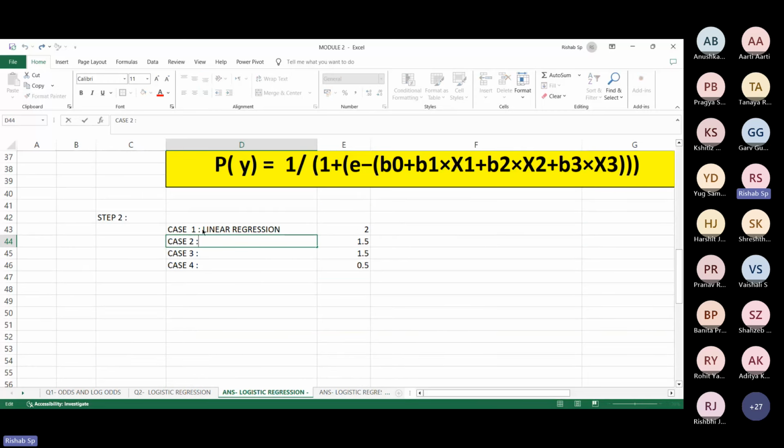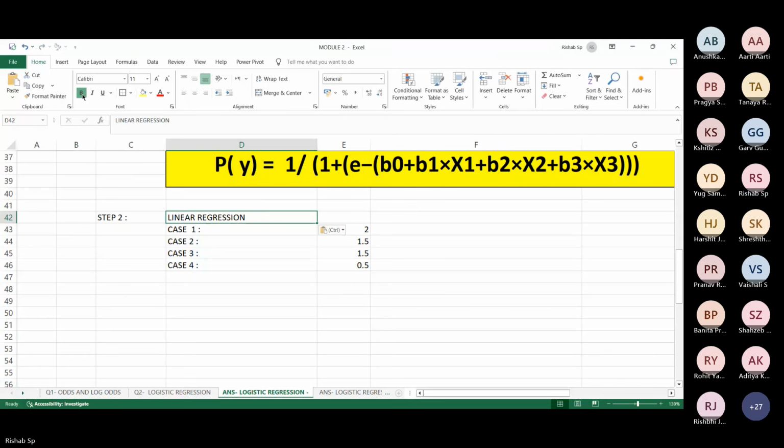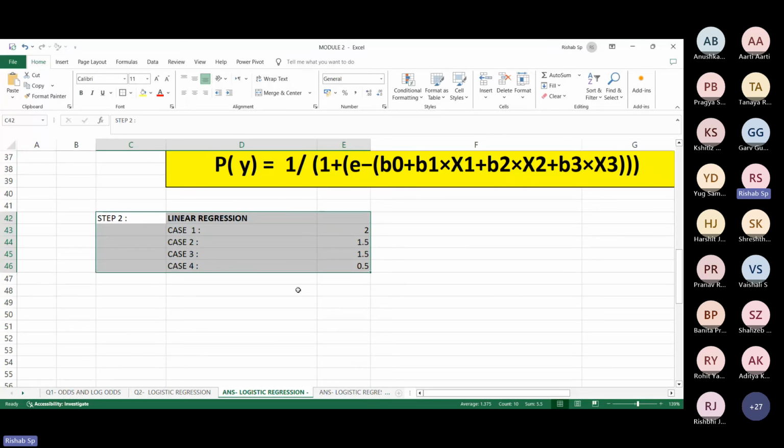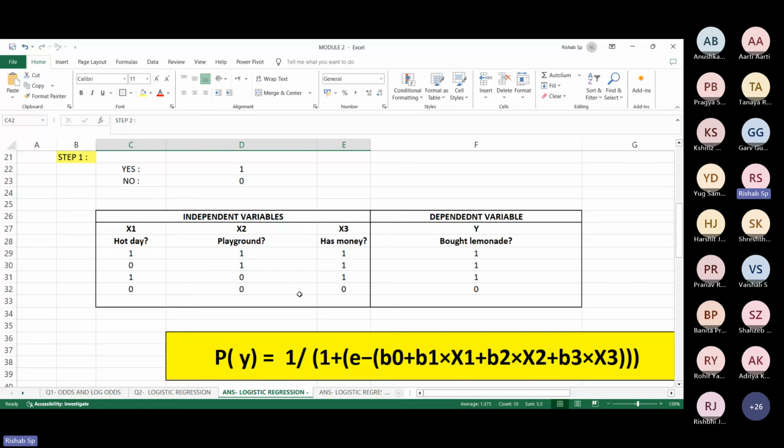Now we solved step 2. What was step 1? Simple, convert into a numerical format. We used 1, 0 to convert into a numerical format.